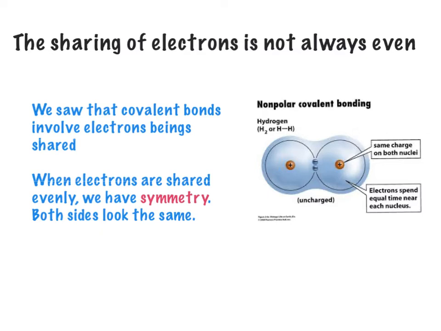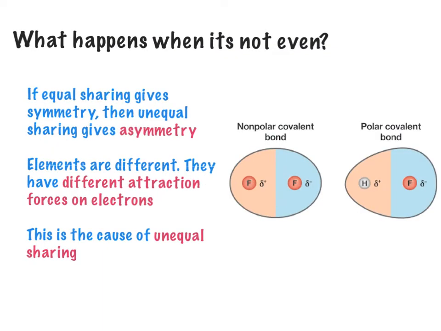So it's only when we upset the apple cart and we have one of the atoms stronger than the other, or have a stronger pull on the electrons, then we have a problem. So if we have an uneven sharing, like over here we've got two examples.